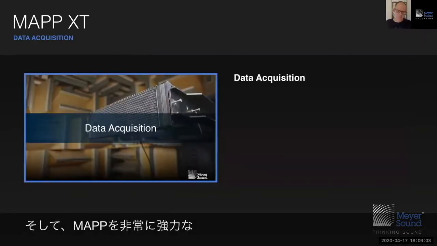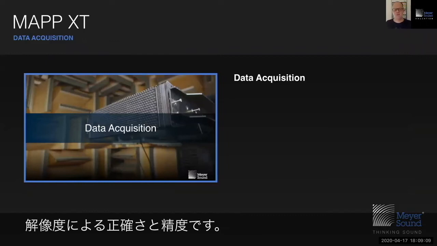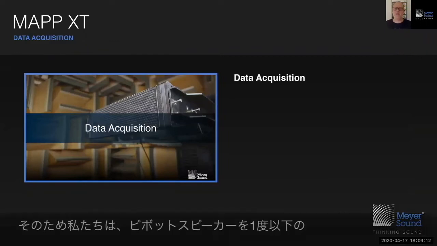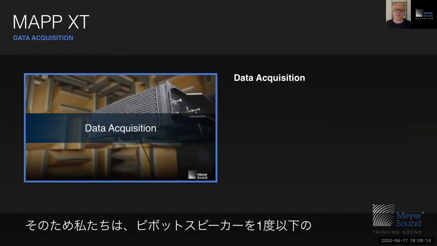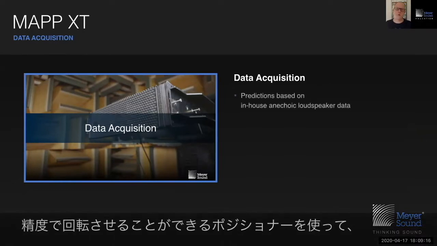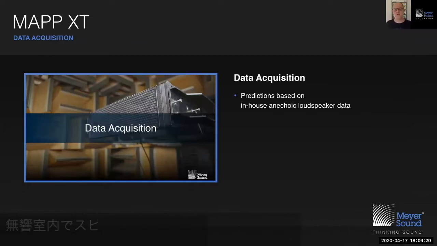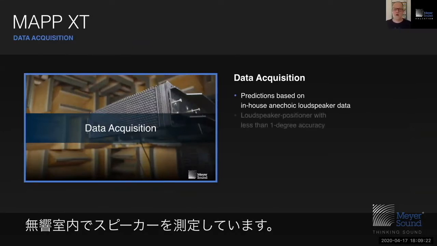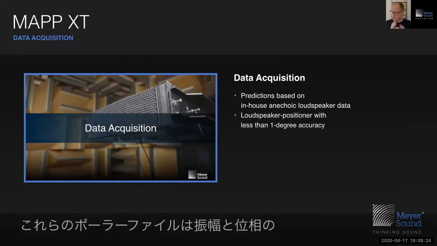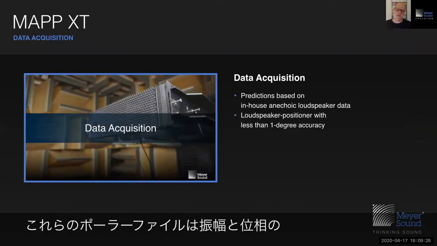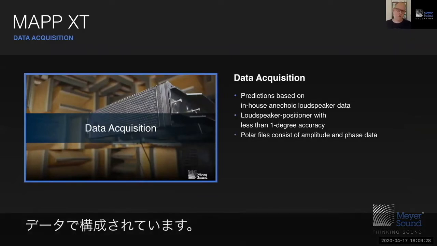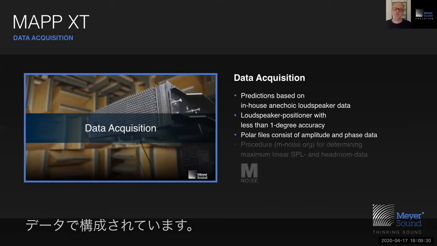And one of the things that makes Mapp very powerful is the accuracy and precision, which is basically due to the phenomenal resolution of our data, which is acquired in-house. So we measure the loudspeakers in-house in our own anechoic room with a positioner that can rotate and pivot the loudspeaker with 1 degree or less accuracy. And those polar files, as they're known, consist of amplitude and phase data.